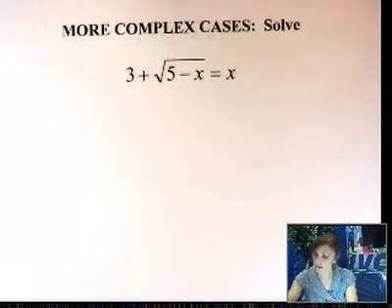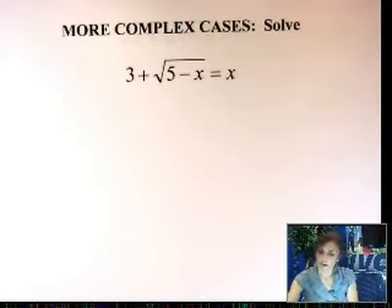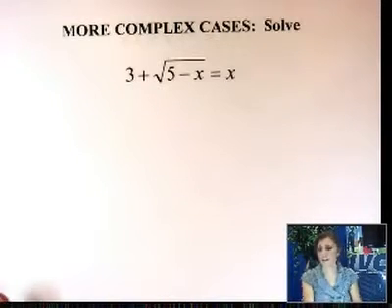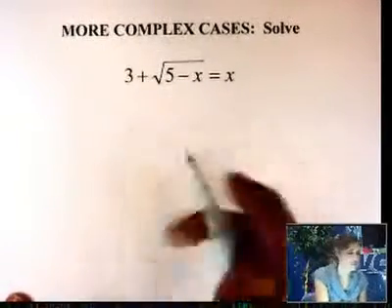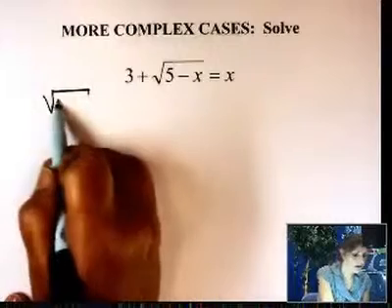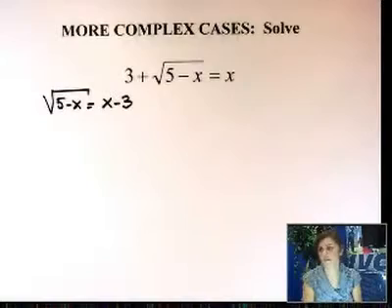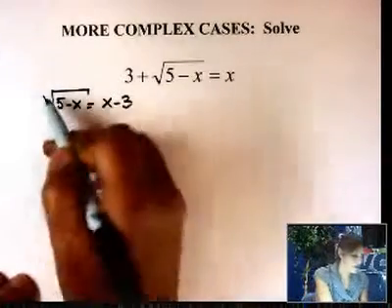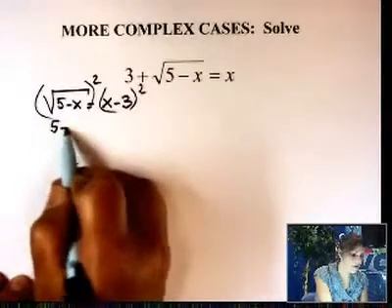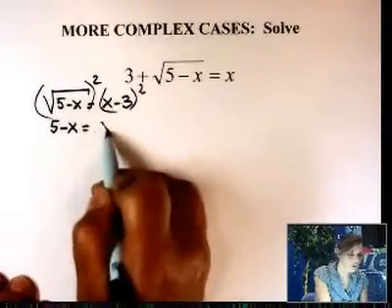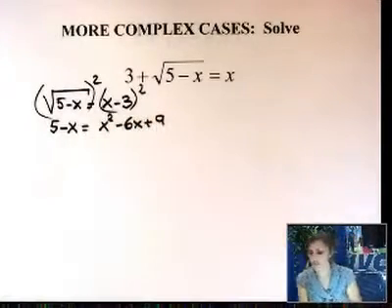More complex problems. Okay, so let's go do those. What do I need to do? I need to isolate the radical. Let's do that. 5 minus x equals x minus 3. I just moved 3 over. Square it. Pay attention. 5 minus x equals, FOIL it, x squared minus 6x plus 9. How do I solve something like that?